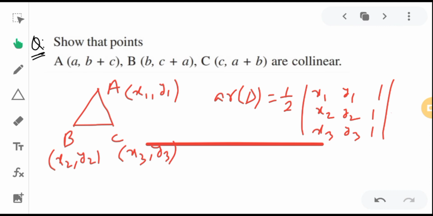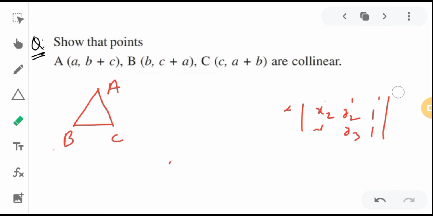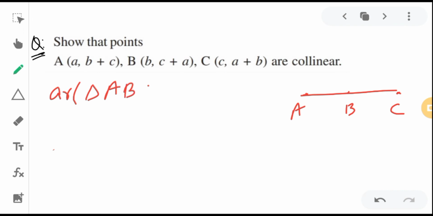These three points A, B, C are given and they are collinear, so the area of the triangle formed by points A, B, C will be 0. If we are able to prove this, then we can easily prove that the points are collinear.